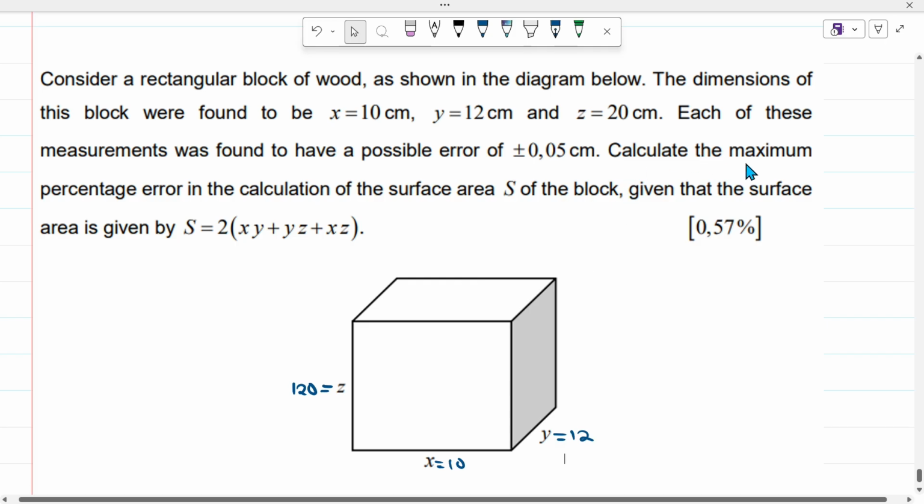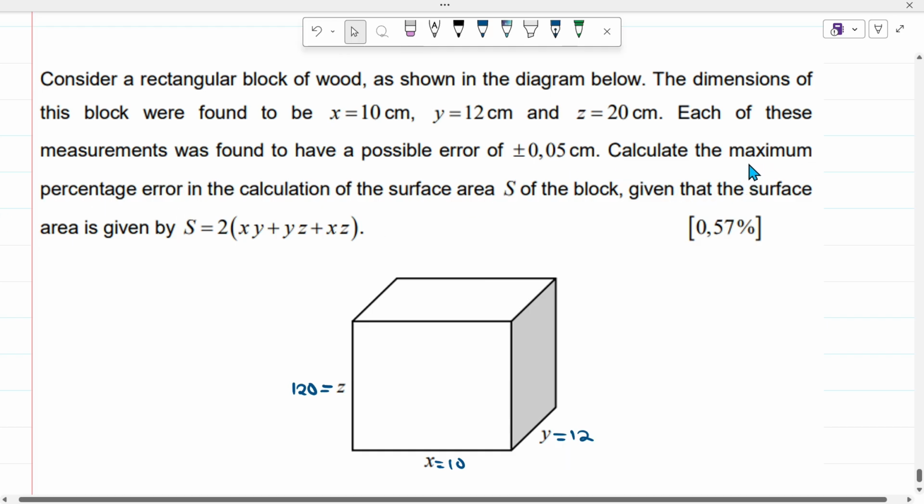All right, so when we analyze this question, they want the maximum percentage error of the surface area there. But when we analyze this question, it seems like it basically is one of small change, right? We're not given things in percentage here, so we are going to calculate first the small change in the surface area, and then do the percentage change that they want after, the maximum percentage error.